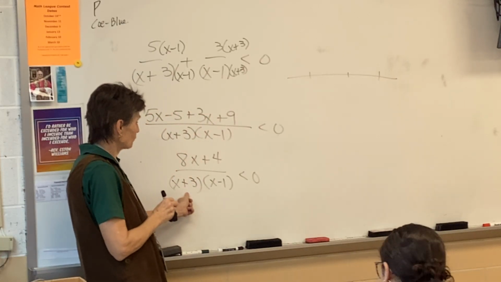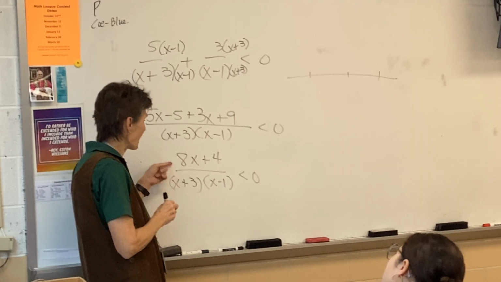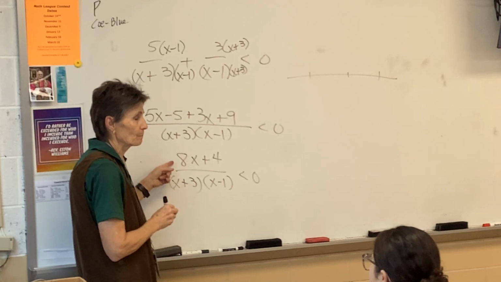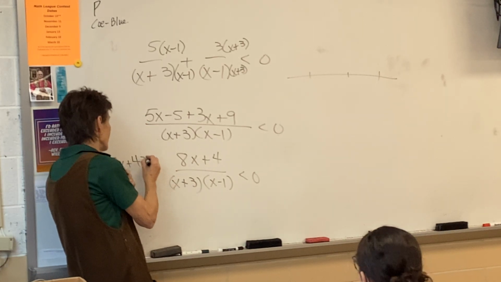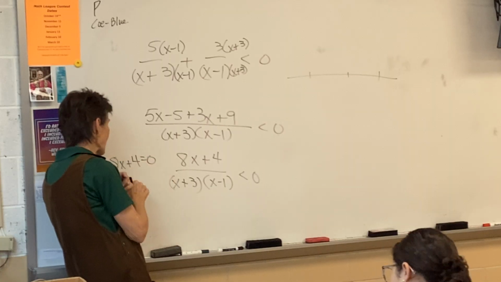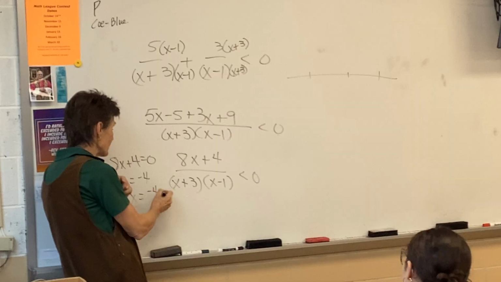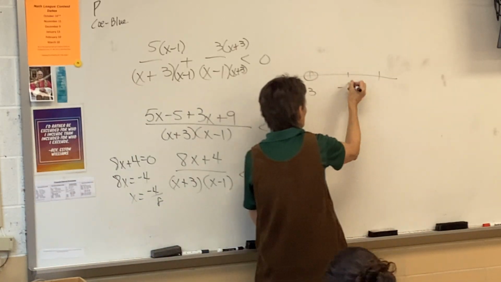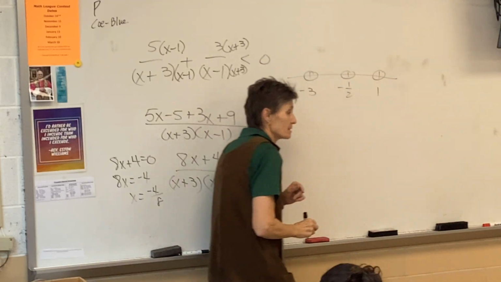This one's at negative 3. That one's at 1. Where's that one? Yep, negative 1/2. That's right. If you can't tell by looking at it, then you're going to set it equal to 0 and solve, and you get negative 1/2. So negative 3, negative 1/2, and 1 on my dots.